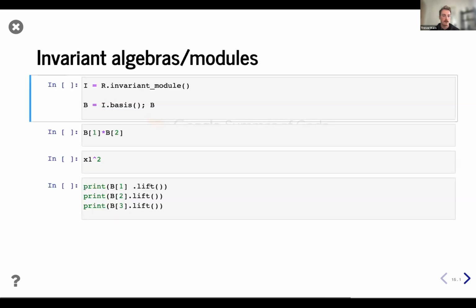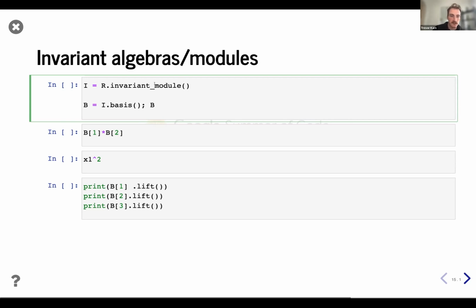Okay, so now I'll talk a little bit about the invariant algebras and invariant modules. Right now, our representation R is going to be considered as an algebra. The invariant module here, that was maybe a choice for the general setting, but because we passed the keyword argument, we know implicitly that this is not just a module, but actually an algebra.